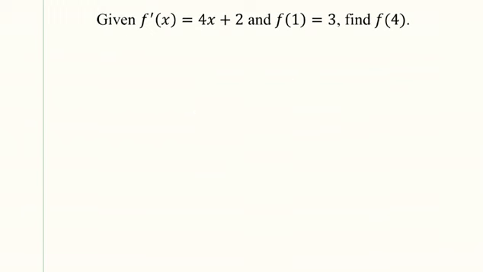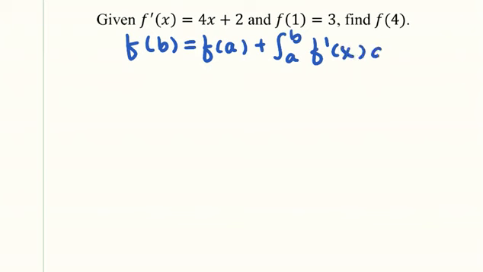Now we're going to do this exact same problem again, except with f of b equals f of a plus the integral from a to b of f prime of x dx.